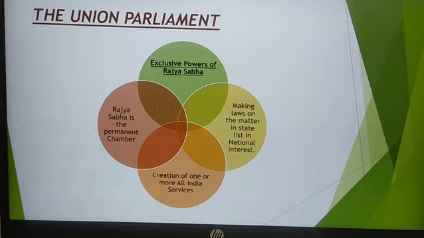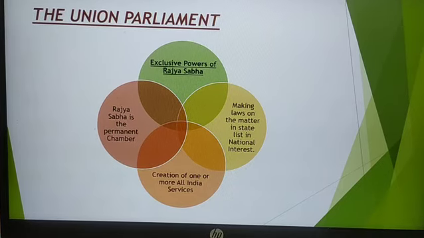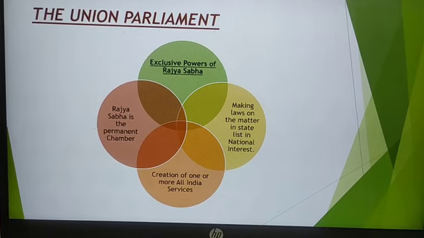This power of the Rajya Sabha is also in keeping with the federal character of the Constitution. We know that members of All India services hold many important posts in the states. So the makers of the Constitution took the view that additional All India services should be created by the consent of states only.